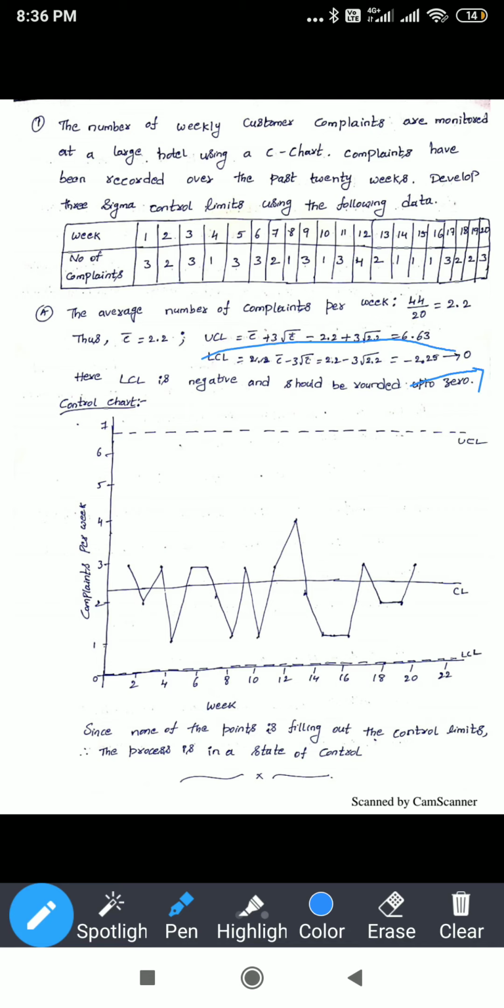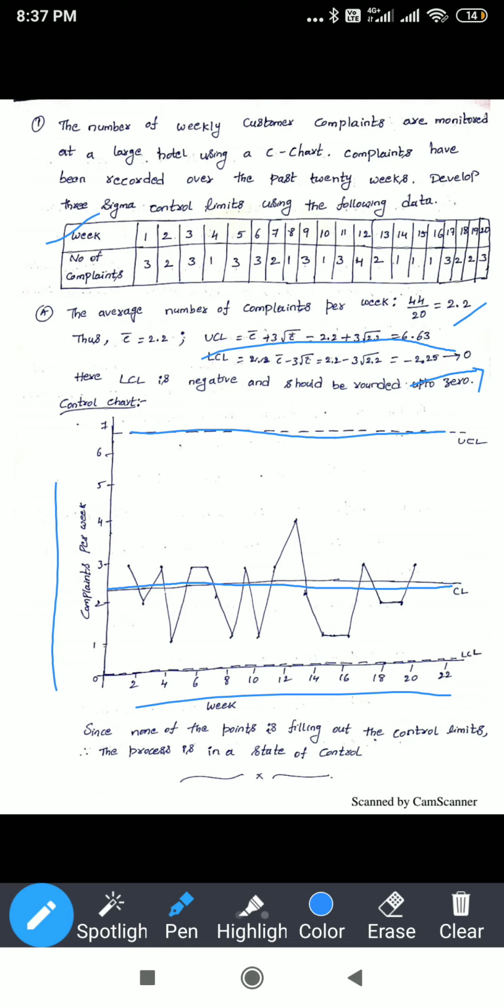Now come to the control chart for C bar. Taking the sample points, that is weeks, on the x-axis and complaints on the y-axis. First, draw the control line, that is C bar. The C bar value is 2.2, the upper control line is 6.63, and the lower control line is minus 2.25, which tends to 0.